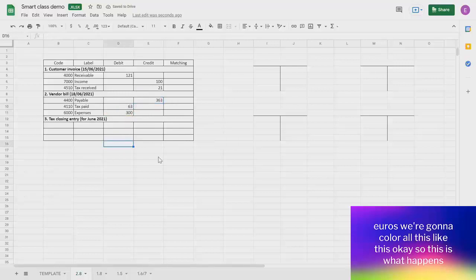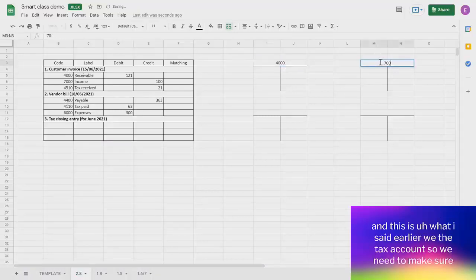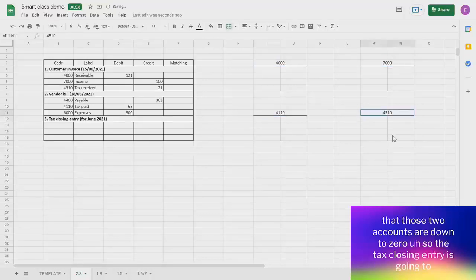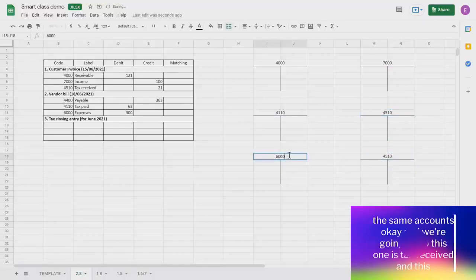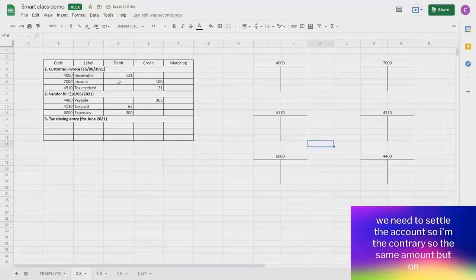What happens if we put our little T accounts and see what happens? I'm going to have the account 4,510, and I'm just going to copy the information in the T accounts instead. What's going to happen is that on my receivable, I'm going to have the income account and the 21 of tax. These two are my tax accounts, okay?